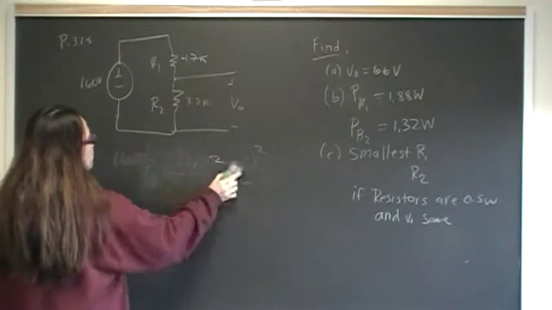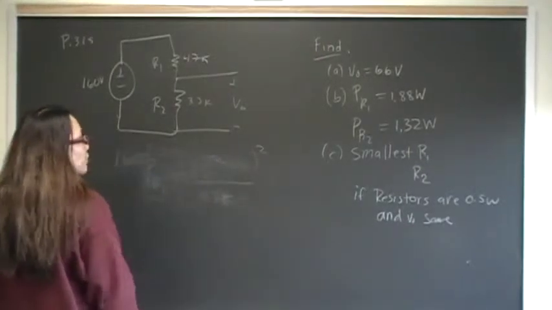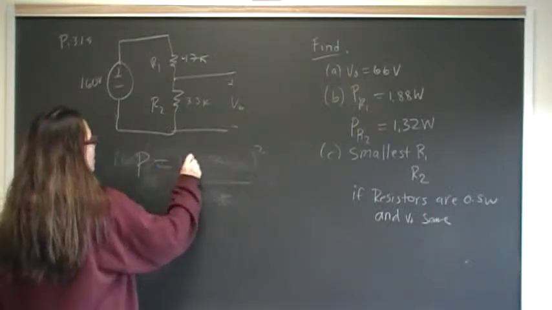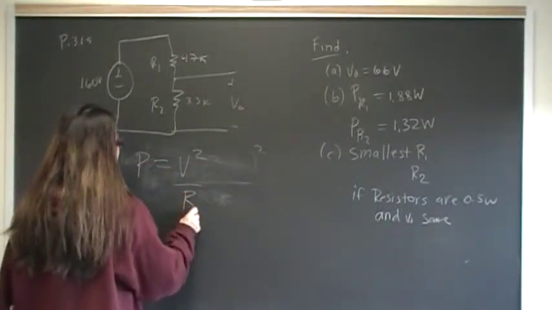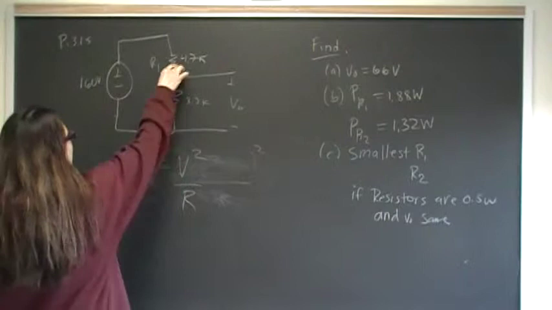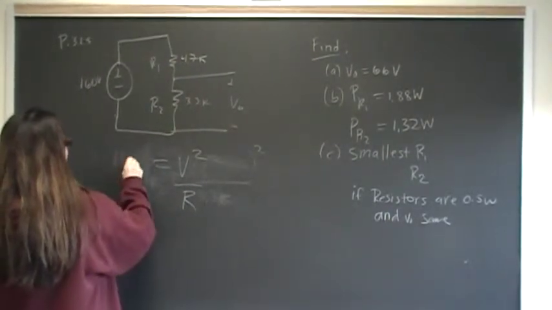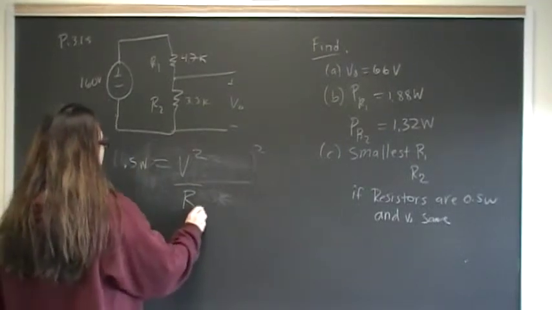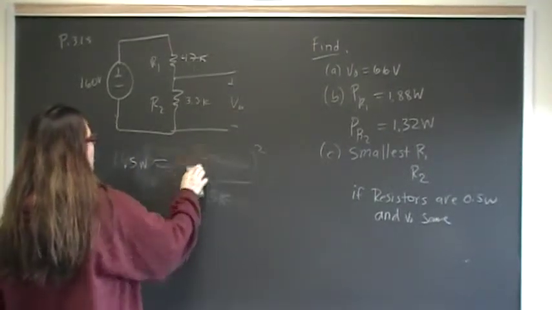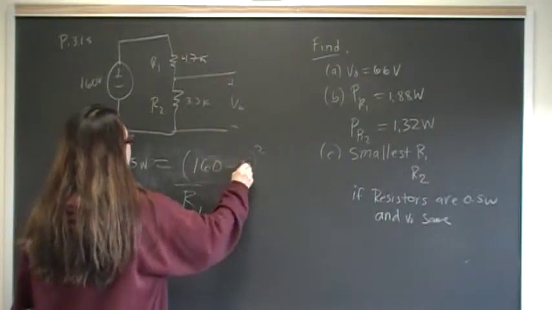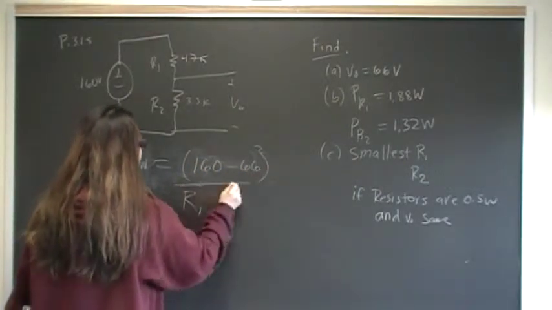For the third one, you're limited by 0.5 watt resistors. So we know that P is equal to V squared over R. So if we take a look at this resistor, if we know that it's 0.5 watts, R1, and we know this is 160 minus 66, we're saying 66 has to remain the same.